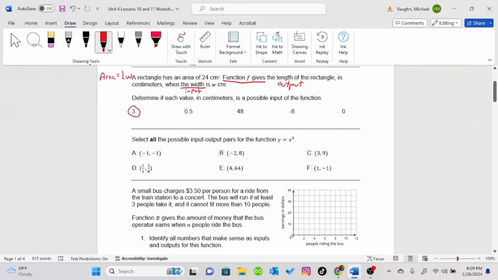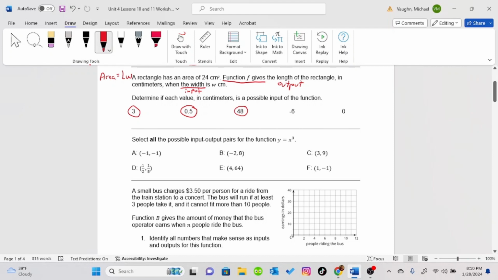So the width could be 0.5 if the length was 48. So that is a possible input. 48 could be the width if the length is 0.5, because 48 times 0.5 is 24. So that is a third possible input value.